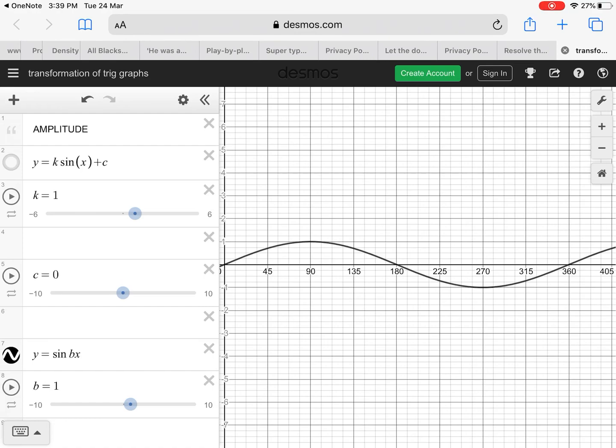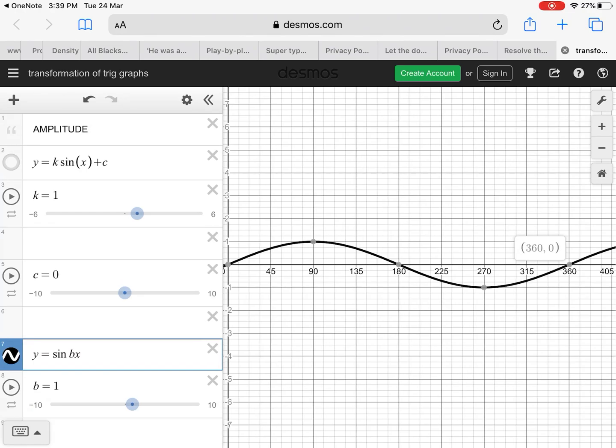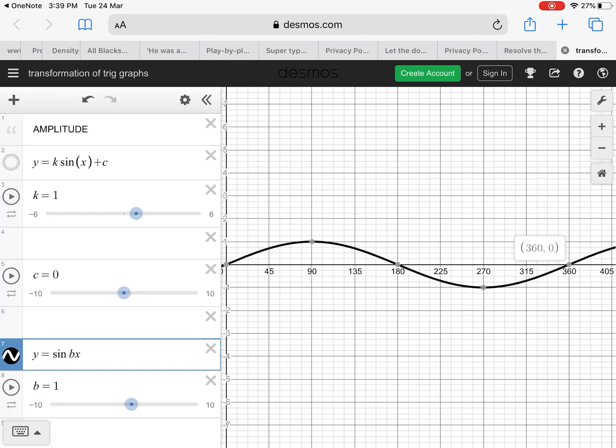Down here at the slider at the very bottom, we can see that as b gets bigger, it compresses the graph. So b is changing the period. Normally, the period, when b is 1, look what happens. It starts at 0, finishes at 0.